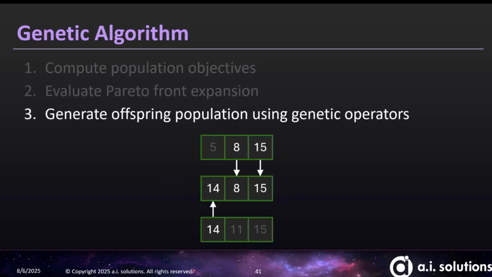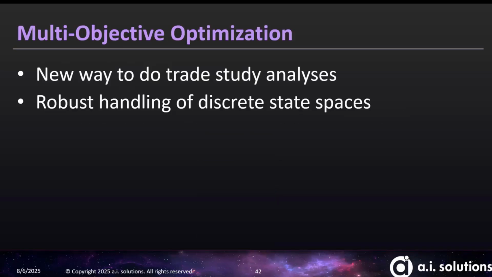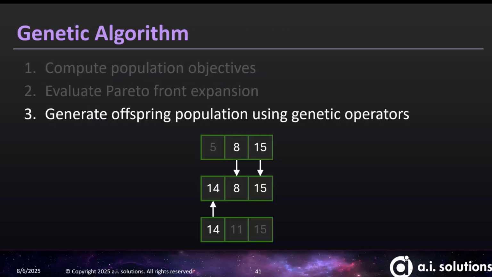And then we are going to use those genetic operators to come up with a new offspring population from that parent population. And again, from there, the cycle continues until we decide to stop it based on how much progress the multi-objective optimizer has made and whether the solutions that it finds are fitting for whatever our use case is.